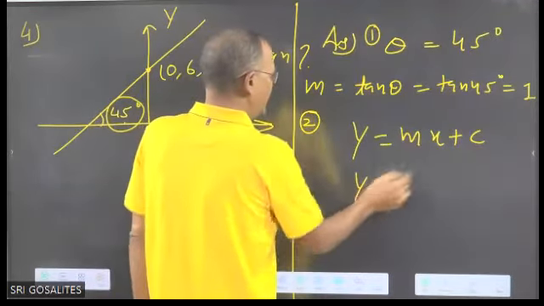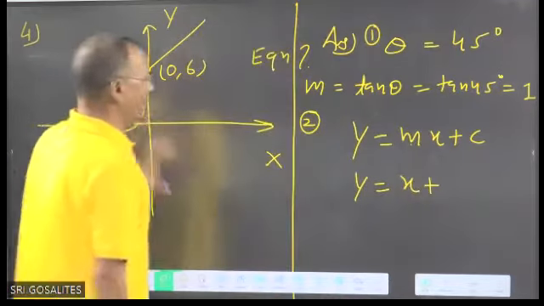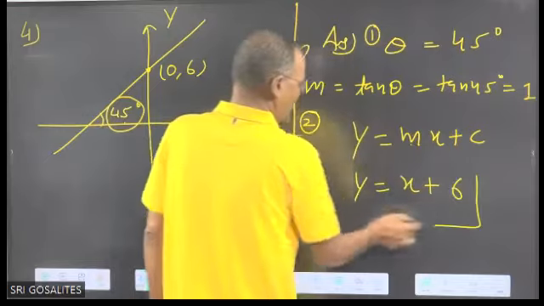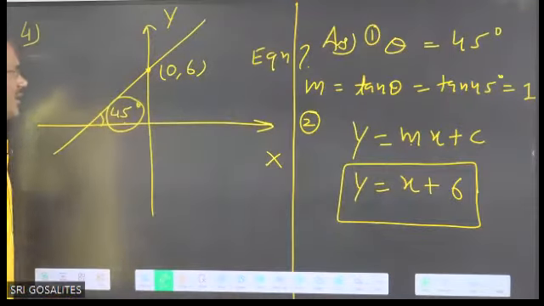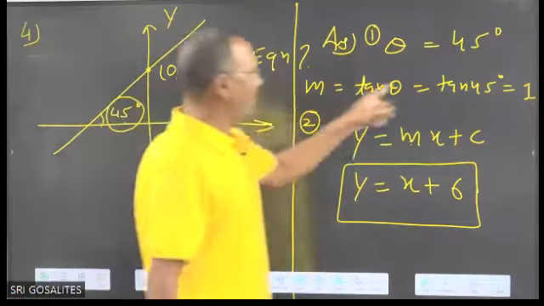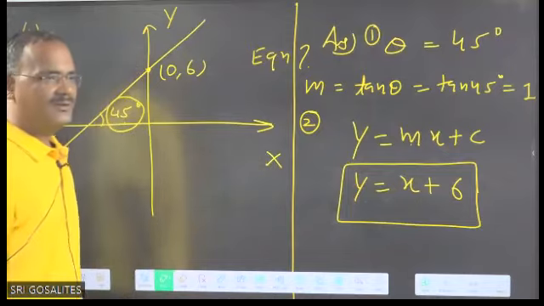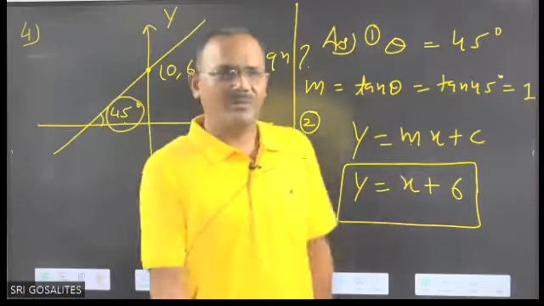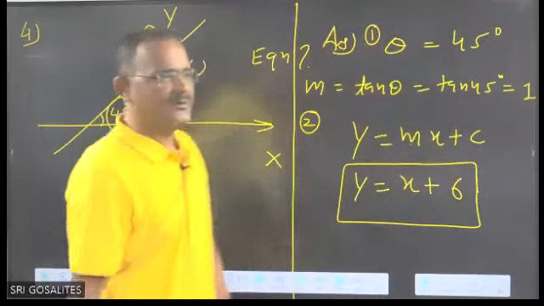So y = 1x + 6, where m is 1 and the intercept is 6. So this is the equation of this line. Okay, one is the slope m, tan theta. Any problem? Then please text. Fine, good.